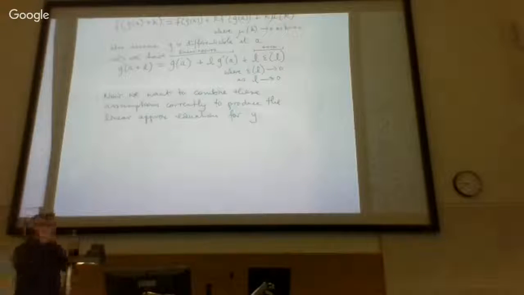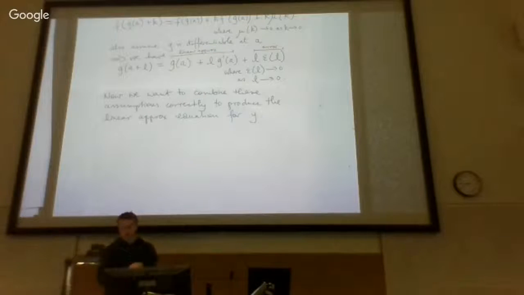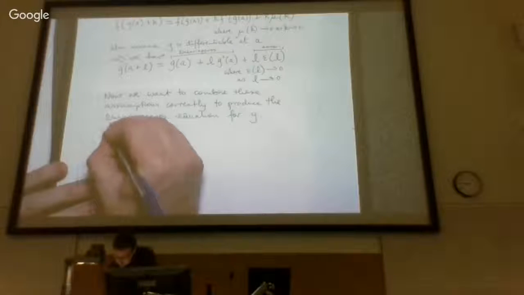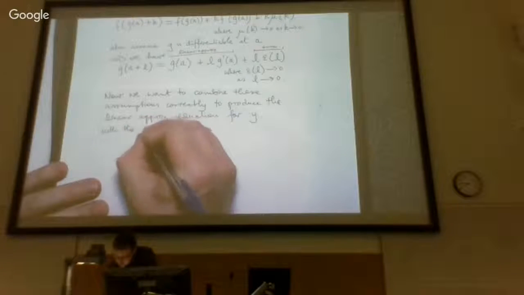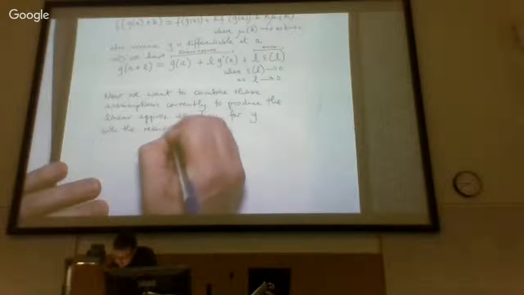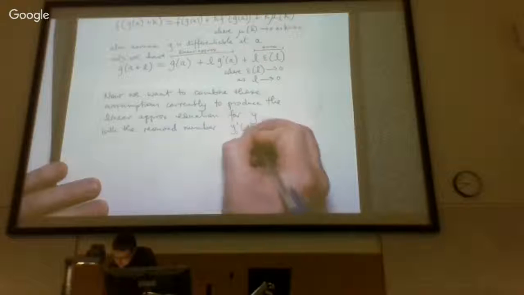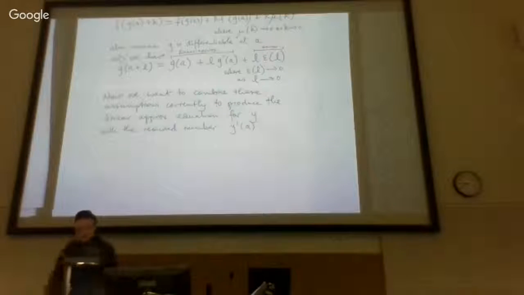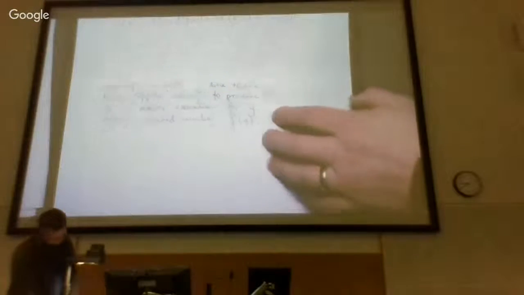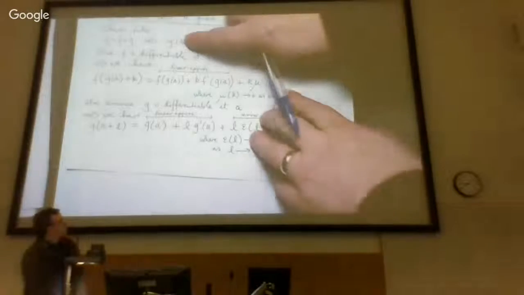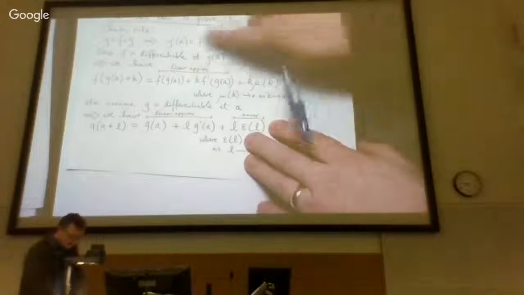So we want to construct that linear approximation formula for y with the required number y prime of a. We want to prove that this special number y prime of a is indeed this.